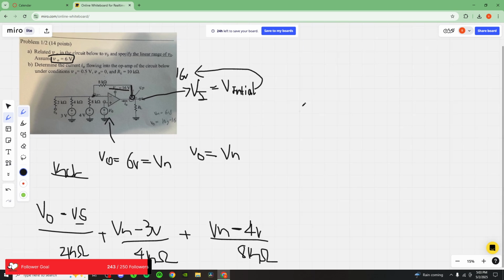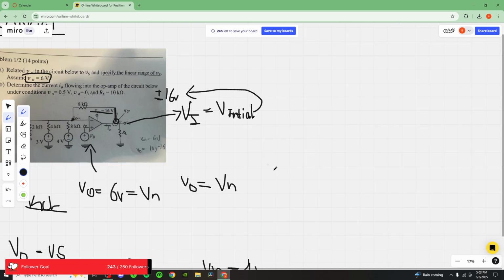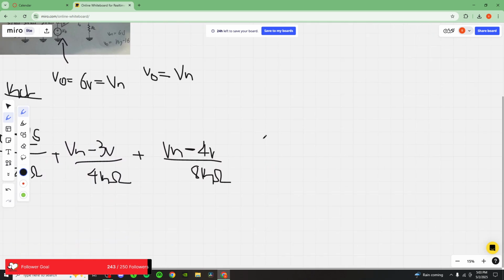And since it's VCC, it could be either positive or negative. That is going to give us our range, so we need to compute for both a positive and a negative 16.